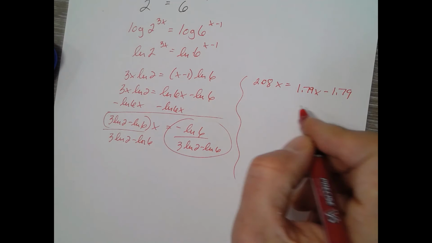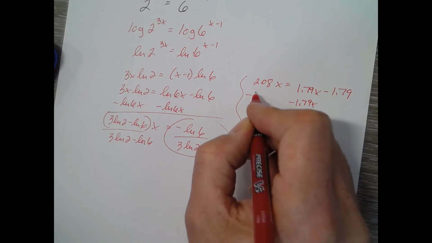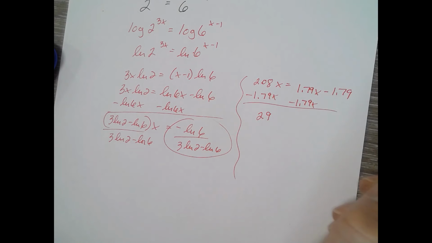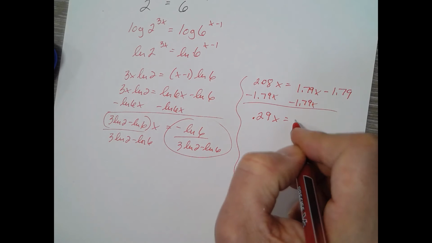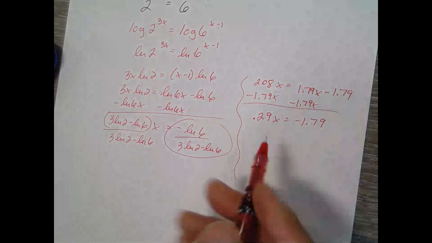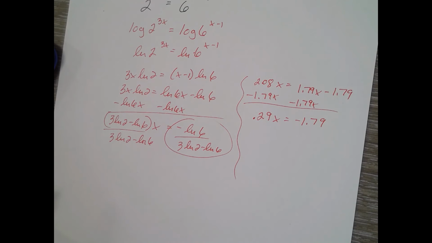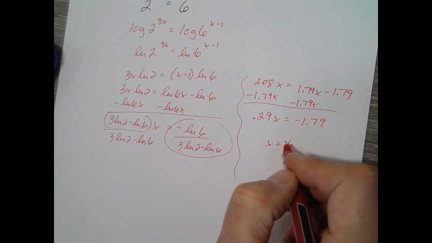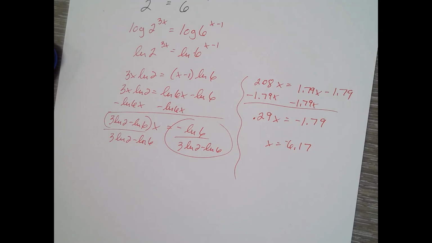Alright, so then I can just subtract 1.79x. And then divide. Negative 6.17. All right, anybody get that? All right, a few people. Questions on that?